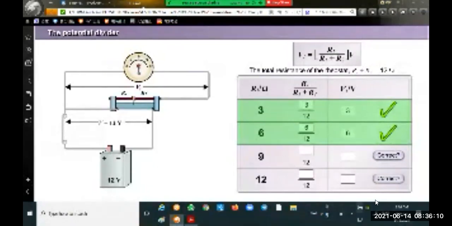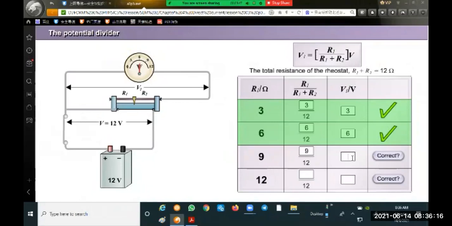When it's 9, that means 3 over 4 of the total length. That means it should be 3 over 4. You notice or not? And finally, 12, that means the slider of the rheostat will totally go to the right side. So that means it will be 12 watt.